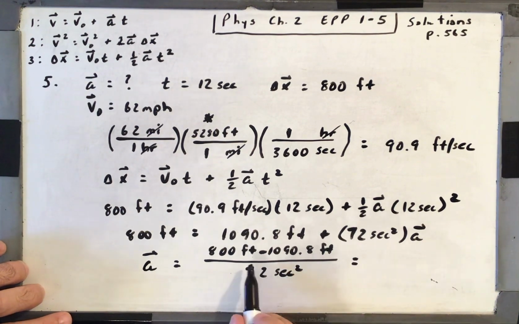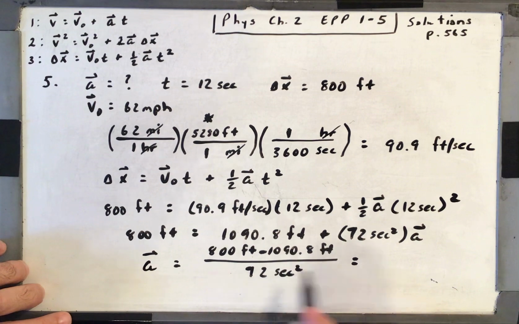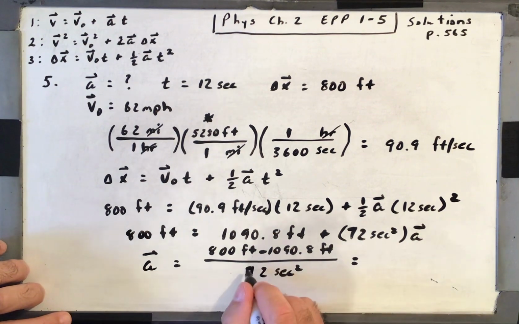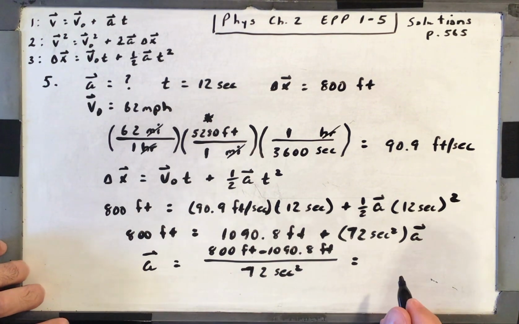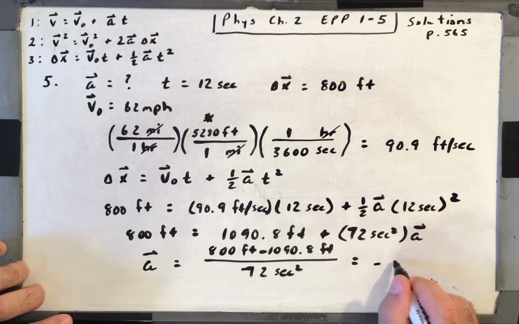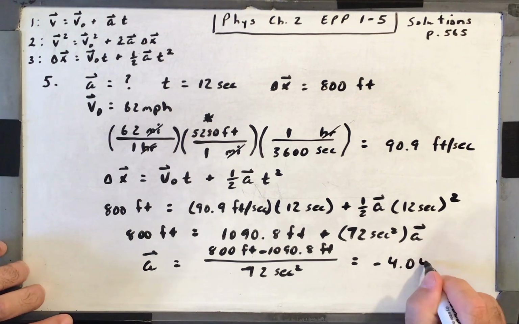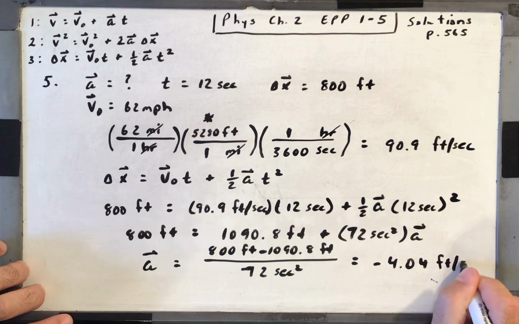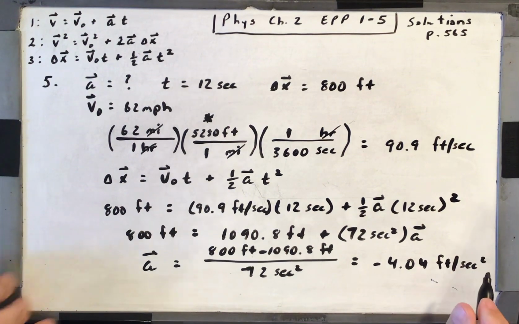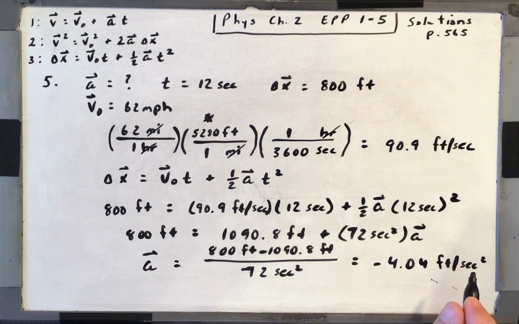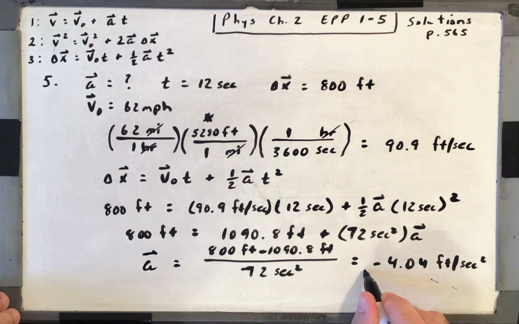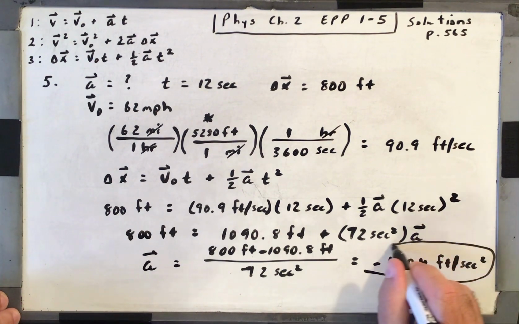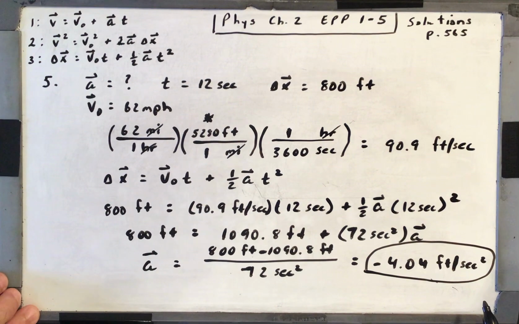So you end up with a numerator of negative 290.8. So that's negative 4.04 feet per second squared. So we know it is decelerating, slows down as it approaches a curve. So it makes sense that the acceleration number would be negative.